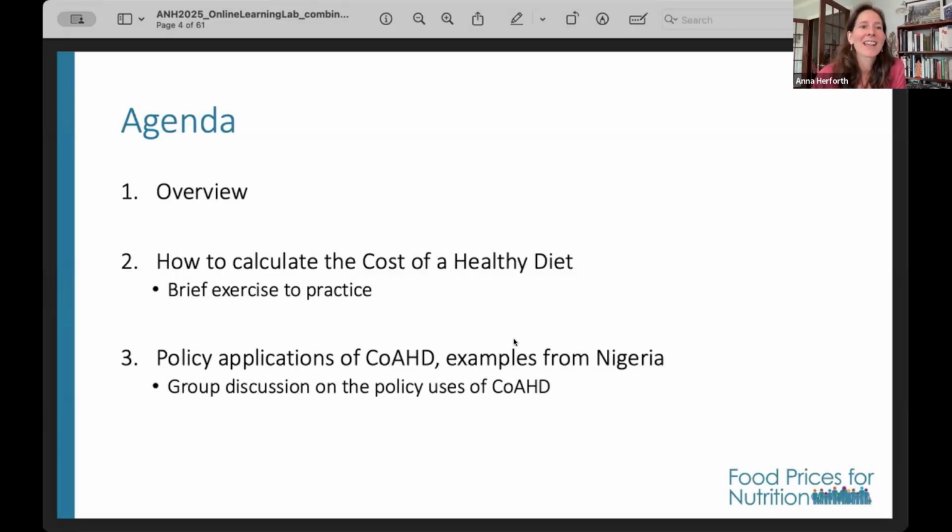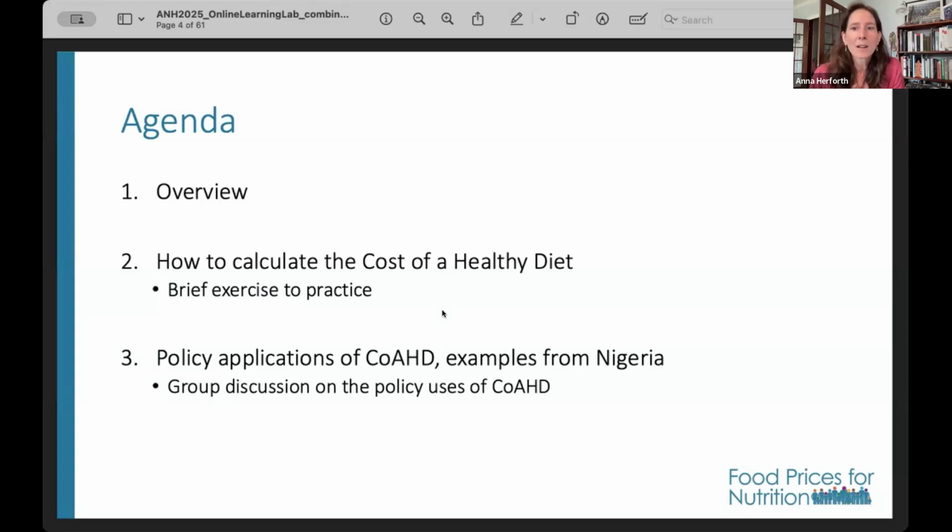For the session today, first we're going to start with an overview. I will give an overview presentation of the cost of a healthy diet and affordability indicators and the project as a whole and where we've come from and where we're going next. Then Benga will give a short presentation on how to calculate the cost of a healthy diet, where we'll have a brief exercise to practice that.